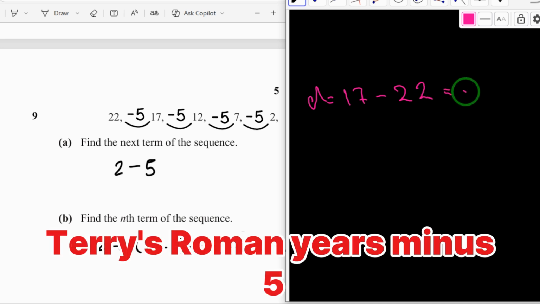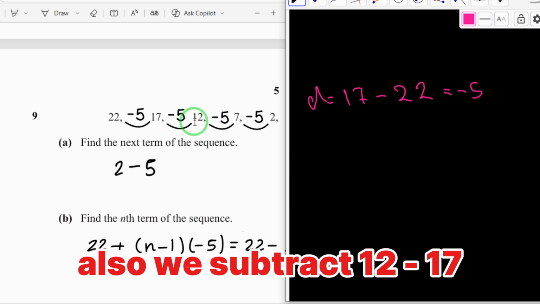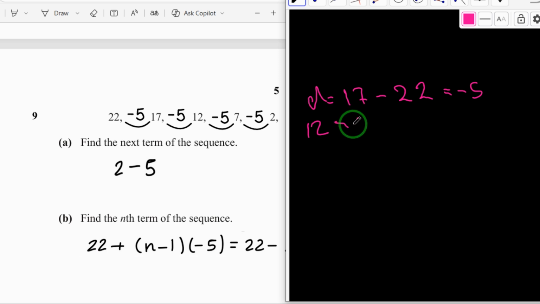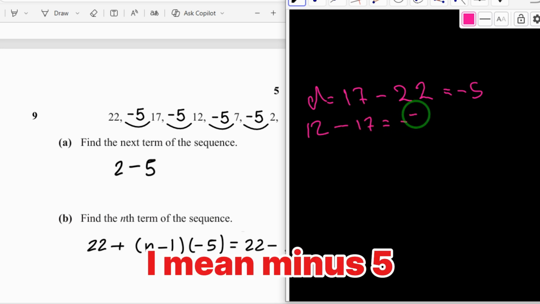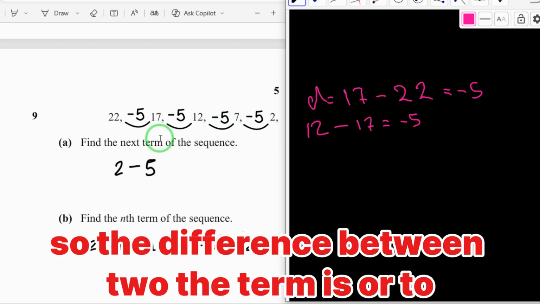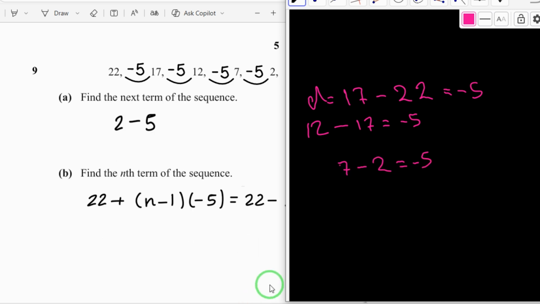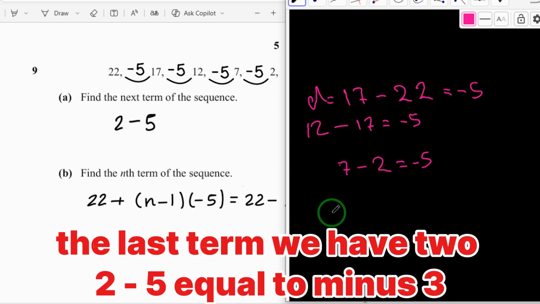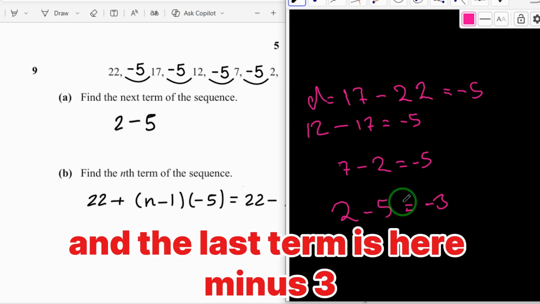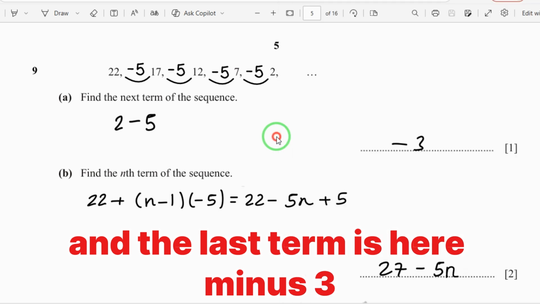Remaining here is minus 5. Also we subtract 12 minus 17, I mean minus 5. So the difference between two terms is minus 5. In the last term we have 2 minus 5 equal to minus 3, and the last term is minus 3.